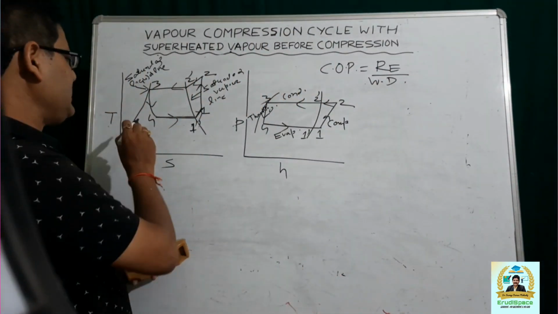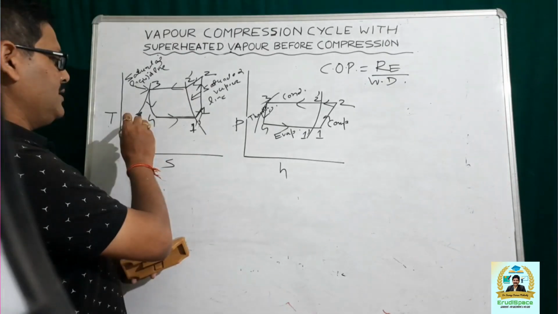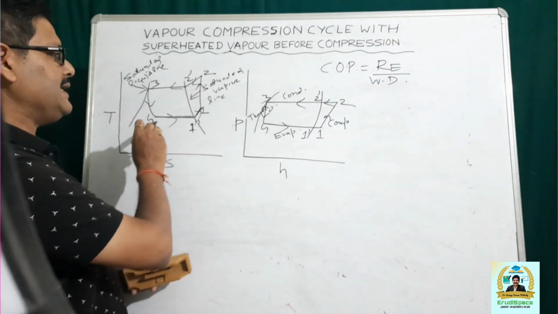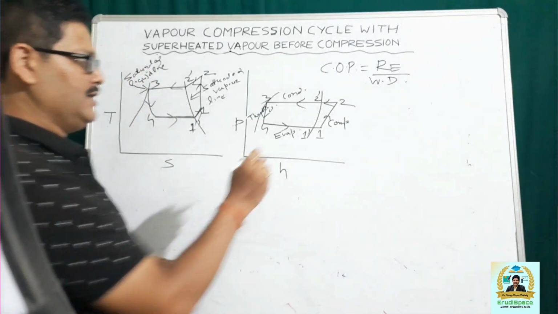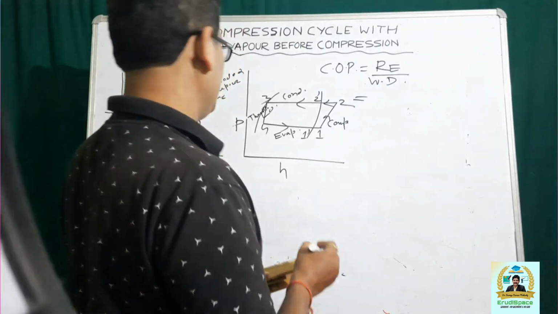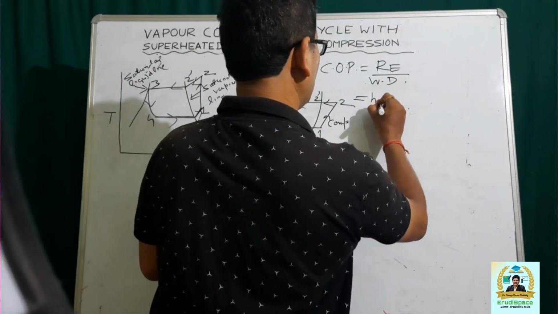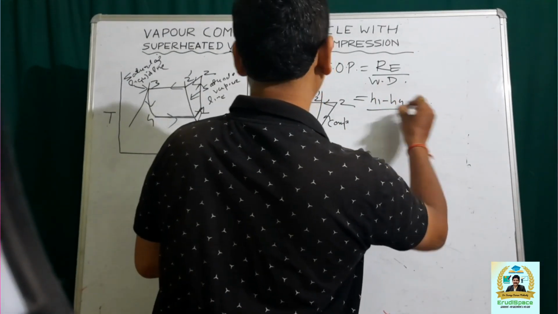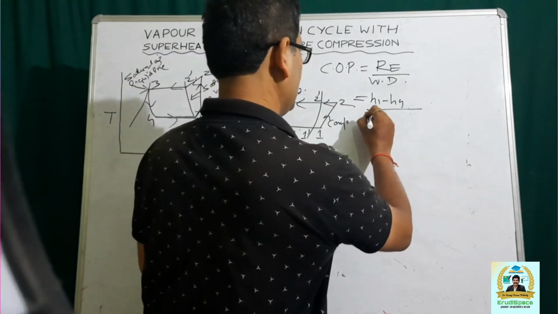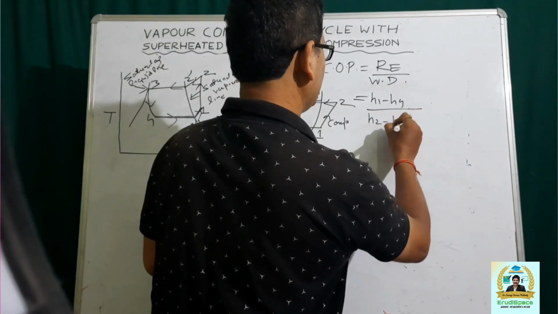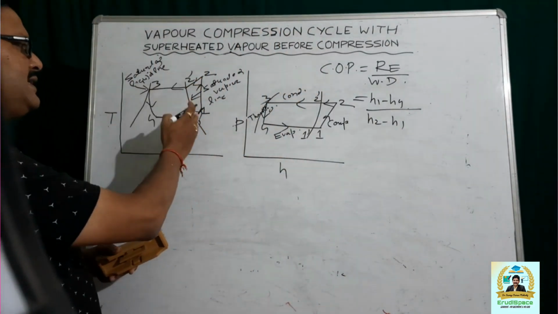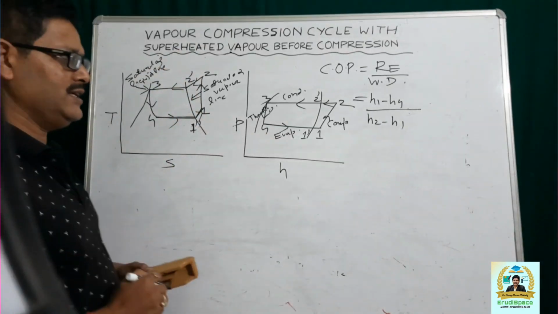So it is entering the evaporator refrigerator at 4 and it is leaving at 1. So the refrigerating effect is H1 minus H4 and the work done is H2 minus H1, that is the enthalpy difference in the compression. It is entering at 1 and leaving at 2.